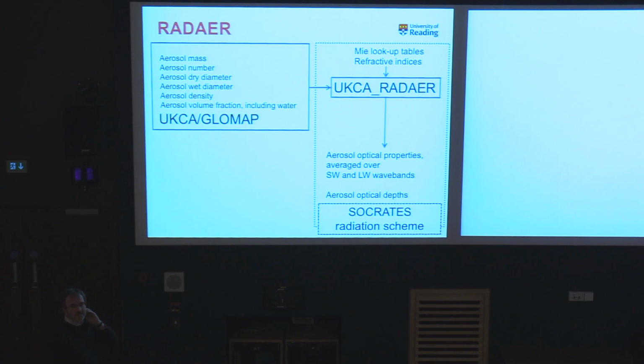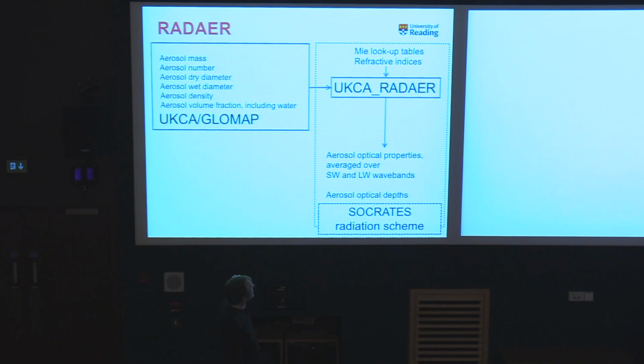It needs quite a lot of information, because a lot of characteristics of the aerosols are required to compute their interactions with radiation. It requires the aerosol mass in each component, the aerosol number in each mode, the dry and wet diameter, the density of the aerosol, and the volume fraction, so the volume occupied by the aerosol, including any water taken up by the particles. All of this is sent to RADAER in the radiation scheme.